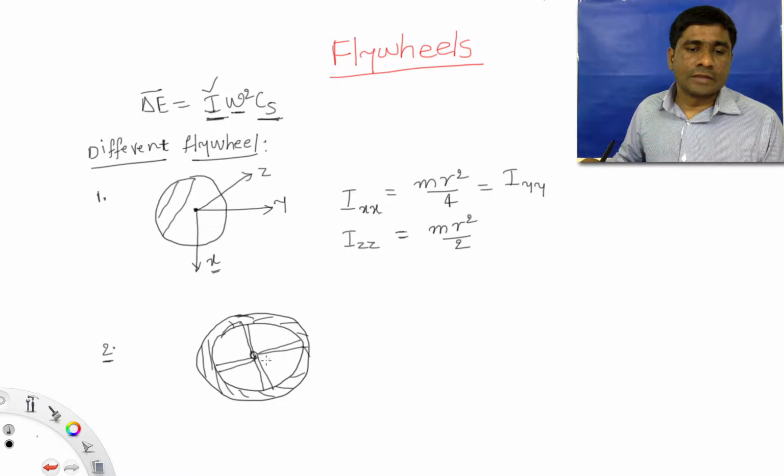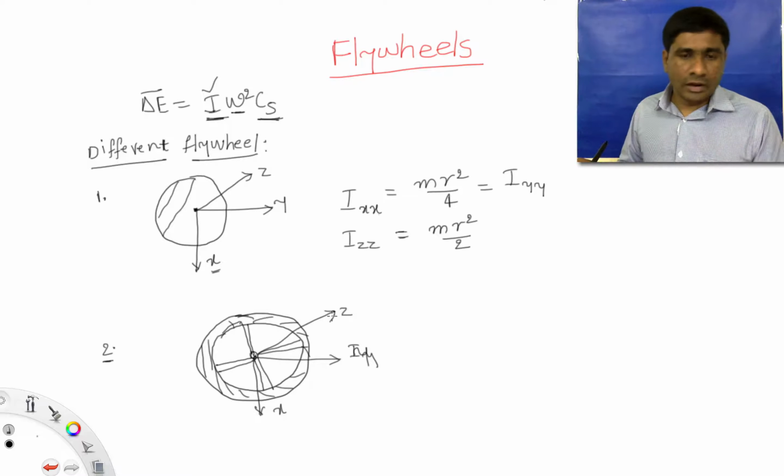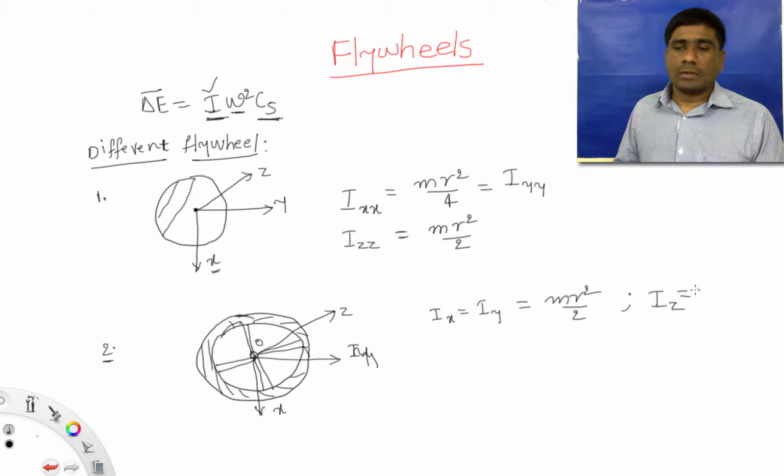So this is again the center, and again we have the y-axis here, the x-axis, and the z-axis that is perpendicular to the xy plane and passing through the origin O. So here Ix equal to Iy equal to m r square by 2, and Iz, using the perpendicular axis theorem, is the addition of Ix plus Iy.